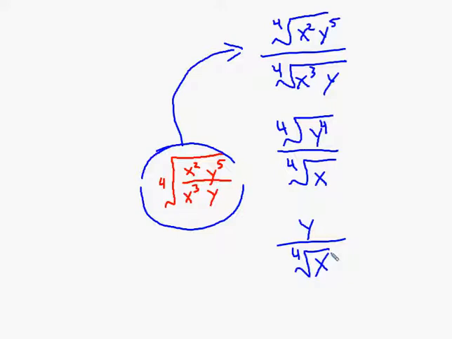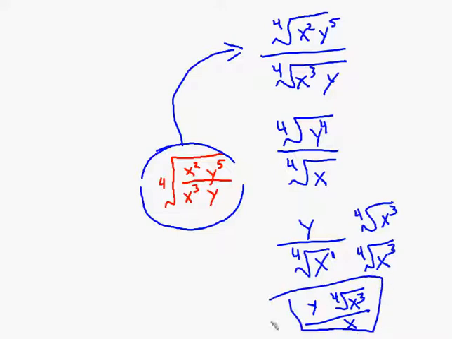So I need a perfect 4 here. Right now I have a 1. So I want it to be a 4. Rules of exponents, if I multiply by an x cubed, I'm going to get that. So that's what I'll do, numerator and denominator. So our answer is y, 4th root x cubed, all over x. Well, why x? Because x to the first times x cubed is x to the 4th, and the 4th root of x to the 4th is just x. So that is the final answer right there.